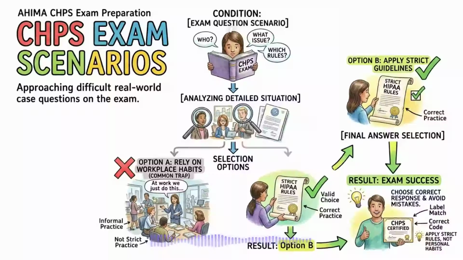The vast majority of the challenging questions on the exam will present a detailed, real-world scenario. You must read these scenarios incredibly carefully, identifying the core issue, the specific actors involved, and the underlying regulatory requirement.